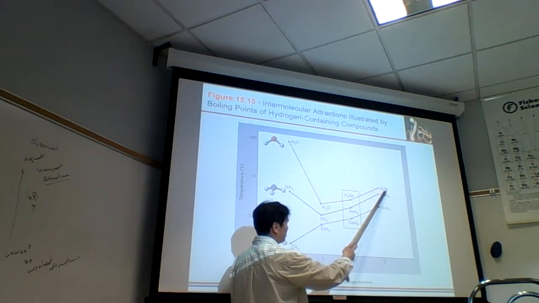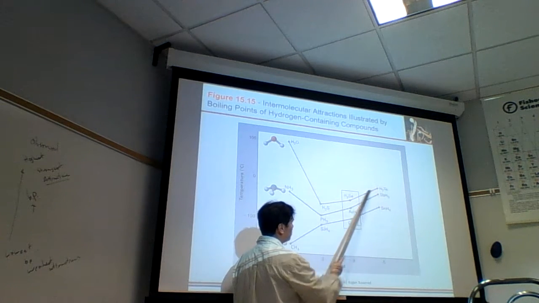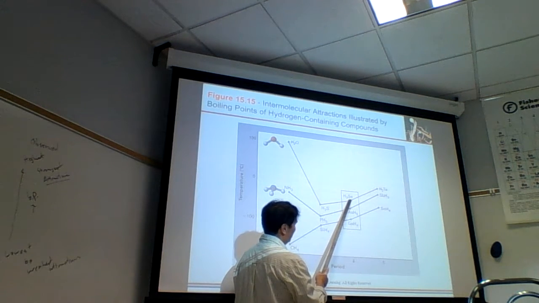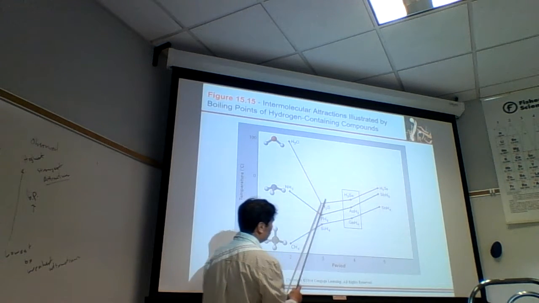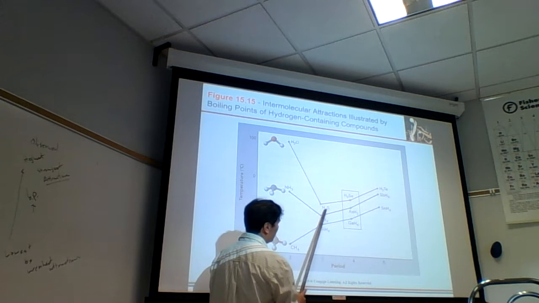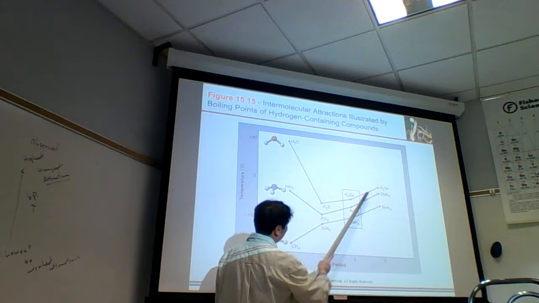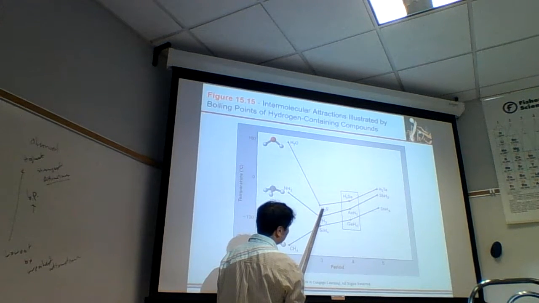So for example, H2Te is the least polar, H2Se is more polar. And so this is more polar, but this also has a lot more electrons. And since this has a lot more electrons, the dipole can fluctuate over a much wider range. H2S, this is even more polar, but fewer electrons.